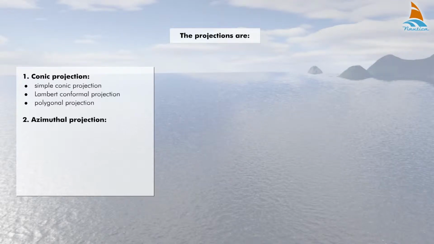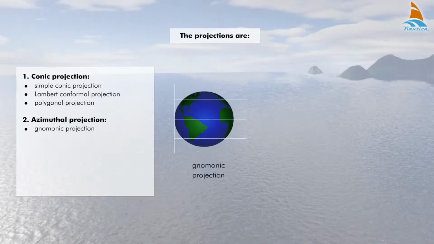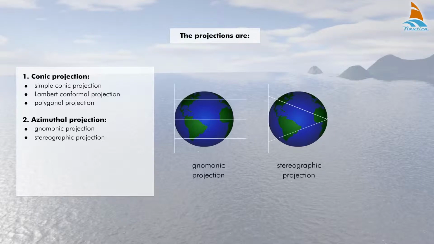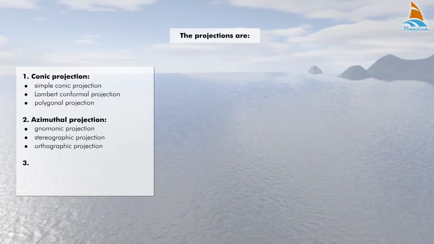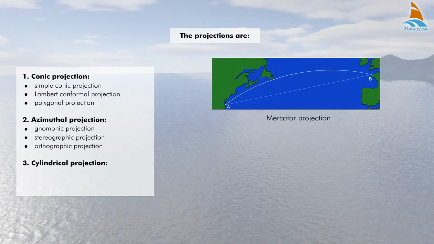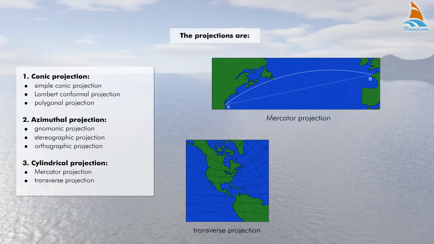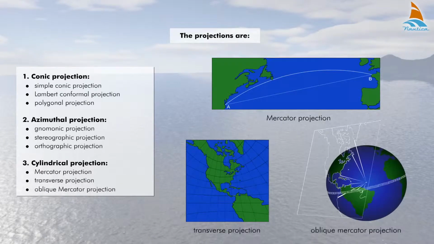Secondly, the azimuthal projection, which includes the gnomonic, the stereographic, and the orthographic projection. And thirdly, the cylindrical projection, which includes the Mercator, the transverse, and the oblique Mercator projection.